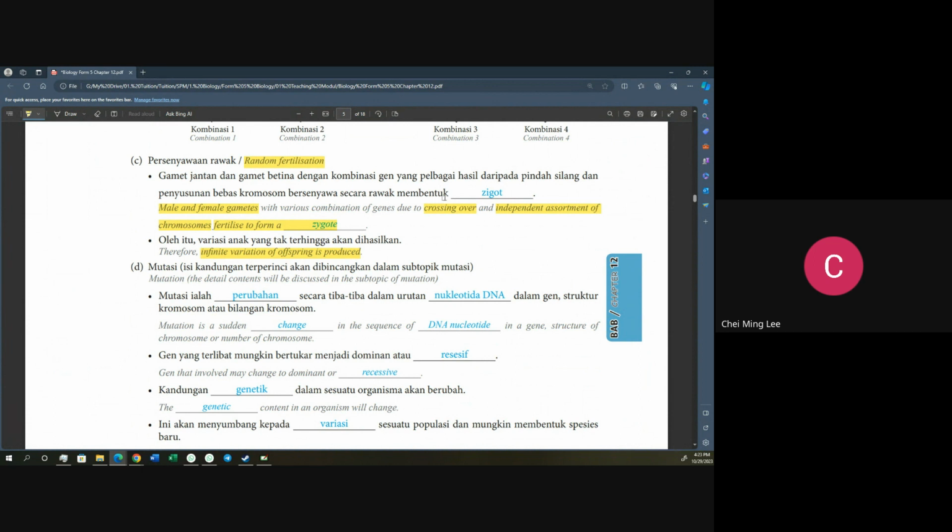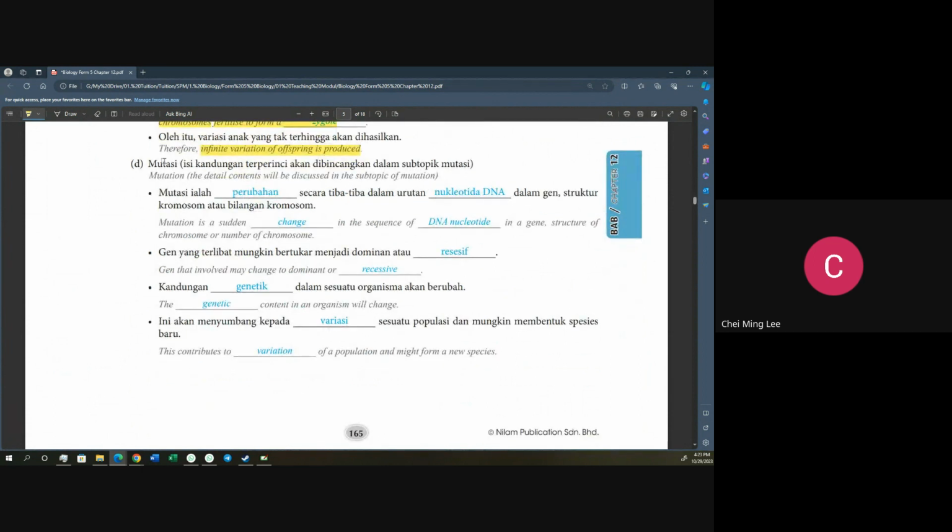genetic content. Now, next, mutation. Mutation is a sudden change in the sequence of DNA nucleotides in a gene, in the structure of chromosomes, or in the number of chromosomes. It's a sudden change, and this change normally leads to bad things.